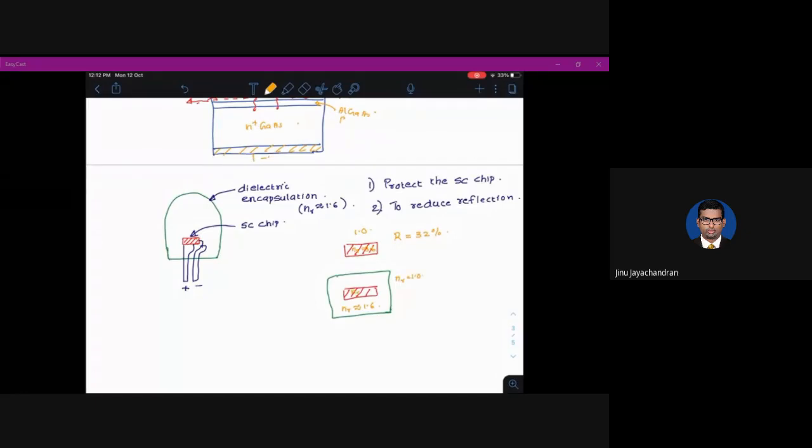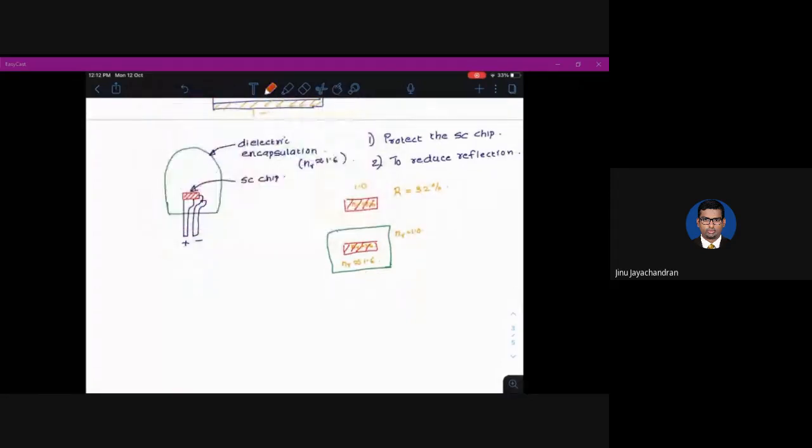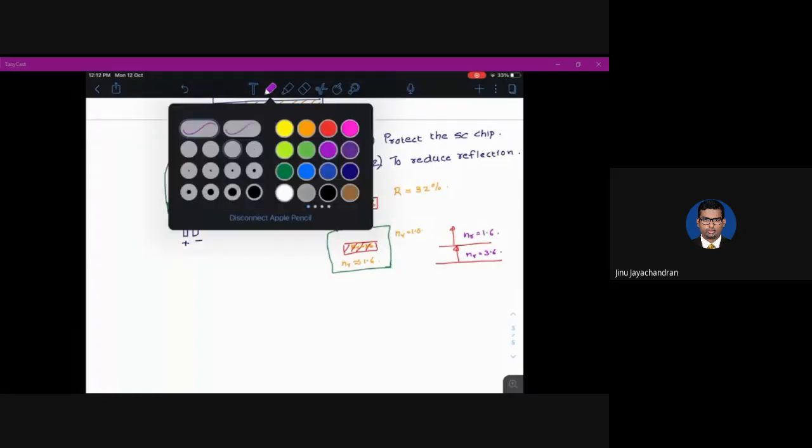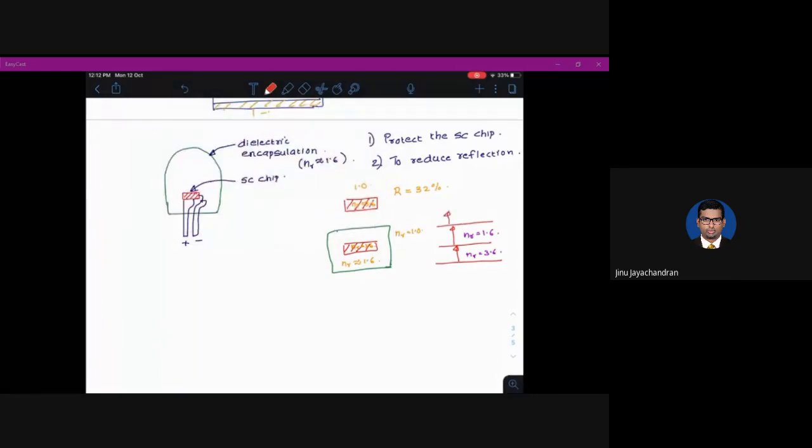The semiconductor will have 3.6. So the light emitted will pass through three different layers. First it passes through the semiconductor, then through the dielectric, and then reaches the air. So basically this is n equal to 3.6, this is n equal to 1.6, and the last is n equal to 1.0.